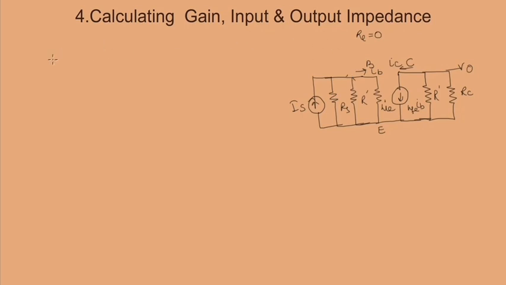So the gain parameter here will be Rm, right? And so we have to calculate RMF, which is given as V out by Is. And we know that RMF will be equal to Rm by D, where D is 1 plus beta times Rm, right?